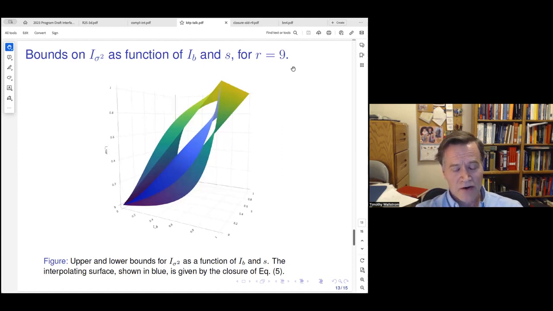And now if you plot normalized B and normalized S on the horizontal axes, then the lower surface here is the lower bound, and the upper surface is the upper bound, and the blue surface is the closure that I gave before, the harmonic mean of the two. So you can see how much uncertainty there is in sigma squared. So that's basically it.